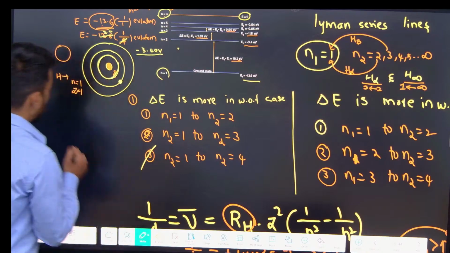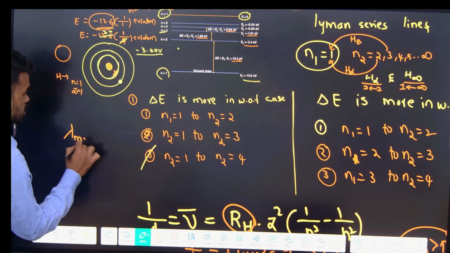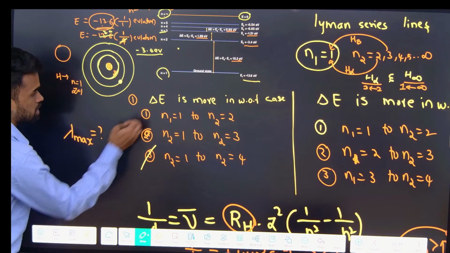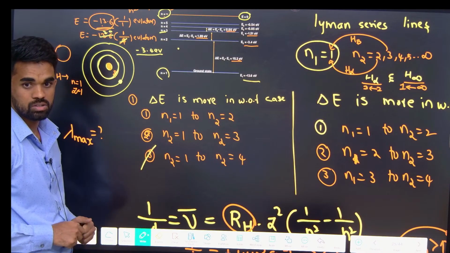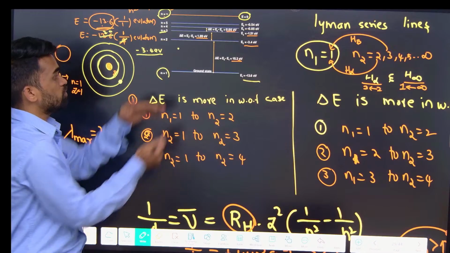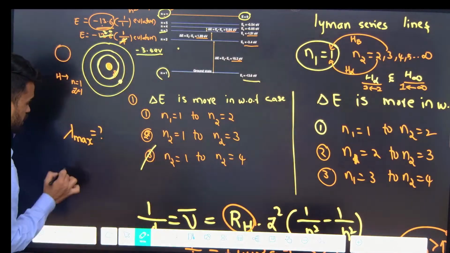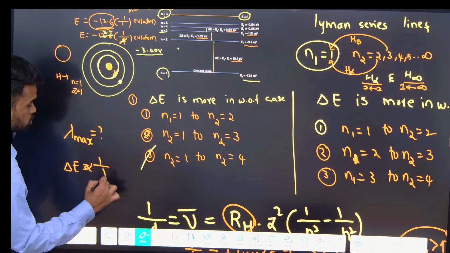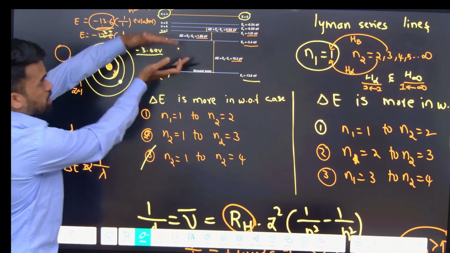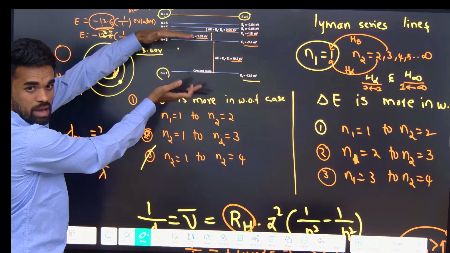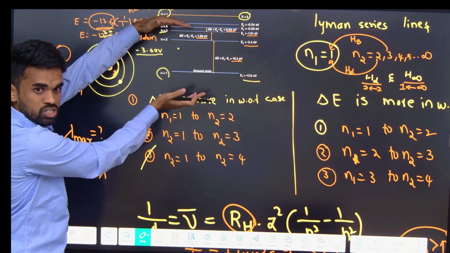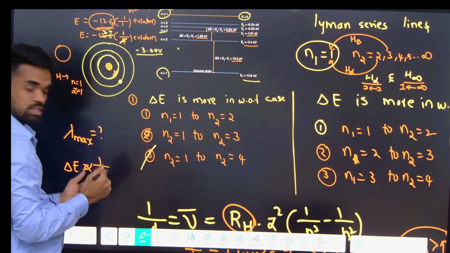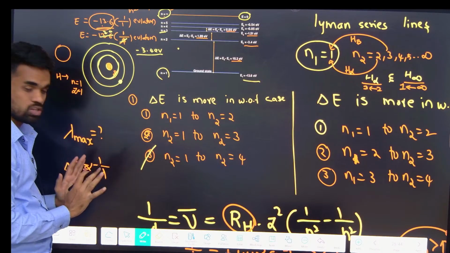Now lambda max is absorbed in which case for these three options? 1 to 2, like 2 to 1. So what is the relation between energy and lambda? Inversely proportional. So if you have maximum difference, that is maximum energy, then minimum wavelength. You need to remember this.